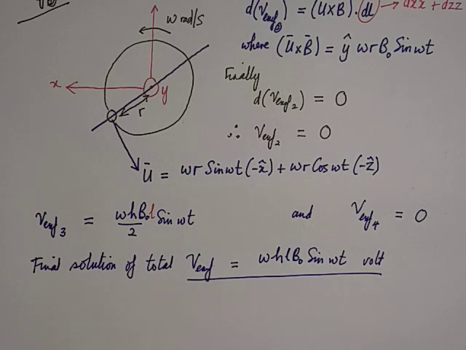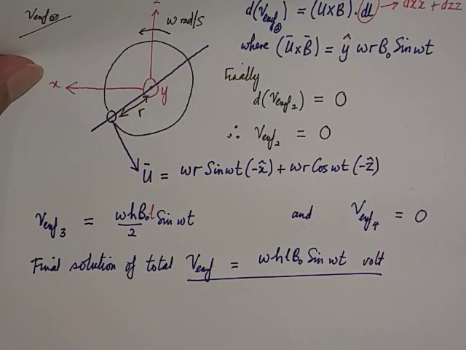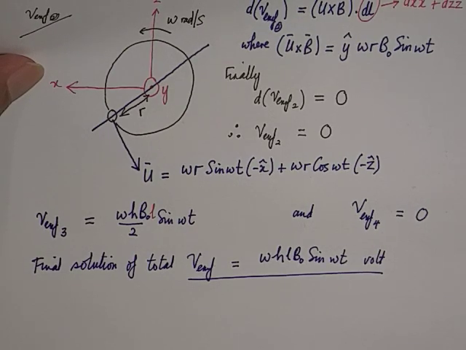Method B finds the motional EMF due to the rotation of a conductor with speed omega radian per second in a medium containing magnetic field B naught in the Z direction. Okay, so I'm going to solve the same problem now using method A, sorry, not method 2.